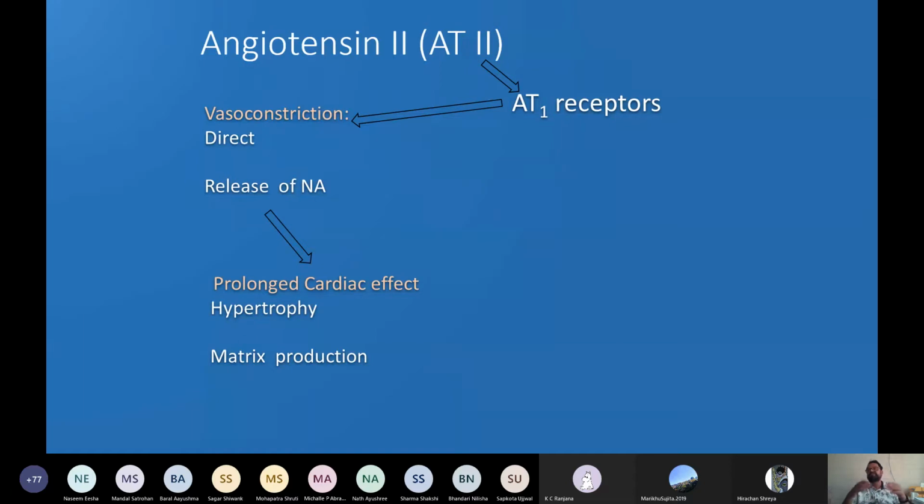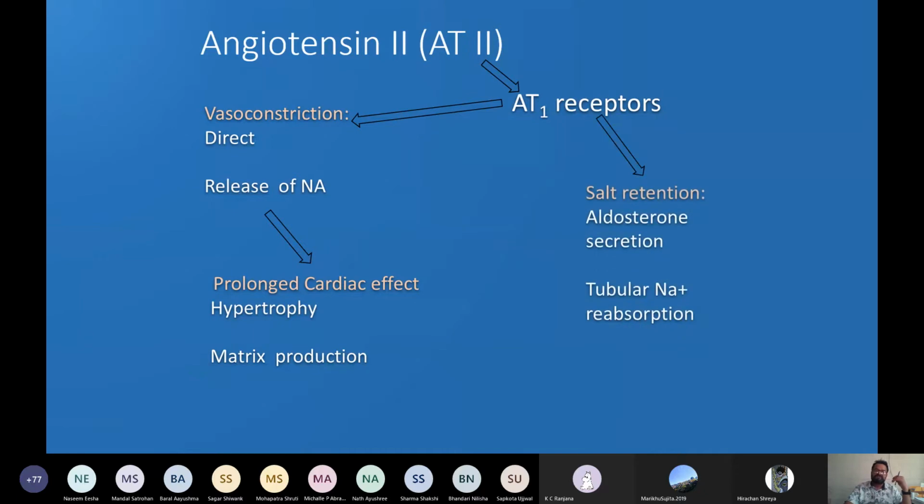Since BP increased, vasoconstriction happened, then your heart needs to pump more vigorously, more forcefully, in order to pass the blood through those constricted blood vessels. Okay, guys. So for that, there will be cardiac hypertrophy. Okay, this is also very important because later on I'll tell you how ACE inhibitors prevent this hypertrophy of your heart as well. Okay, so this is a very important point.